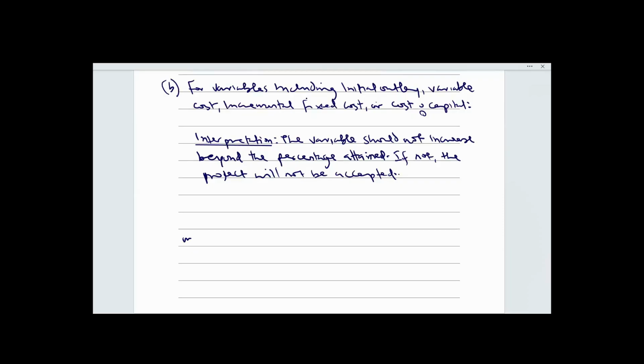All right. So that is what we are saying, that you want to know the extent of change in variable before the project will become unviable. Okay. So let me stop sharing this and then move to the study material for calculation.